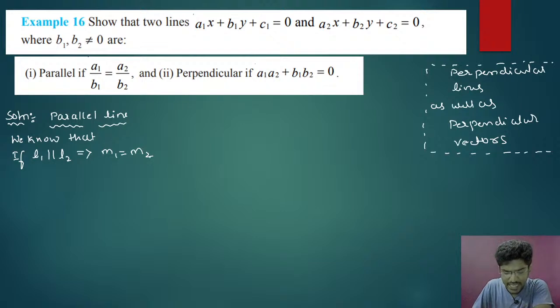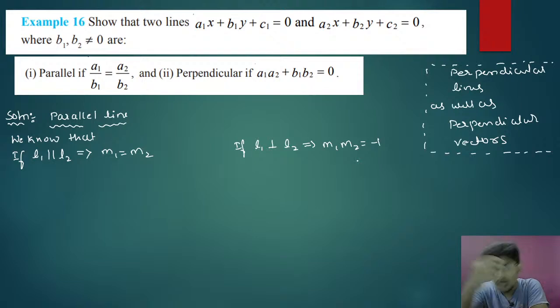That means if lines are parallel, slopes are equal. And also we know that if L1 is perpendicular to L2, it implies M1 into M2 equal to -1. We all know these things from the previous classes. If lines are parallel, slopes are equal. If lines are perpendicular, the product of their slopes is equal to -1. So let us use these conditions.